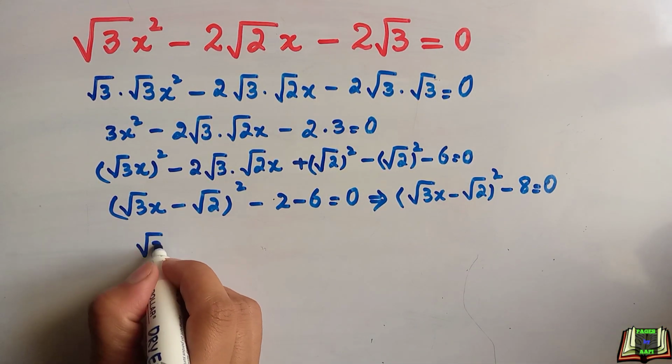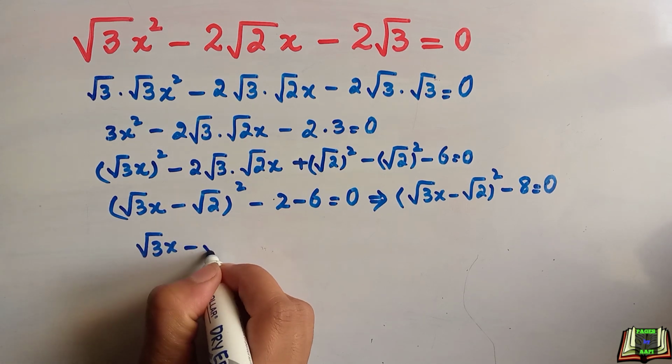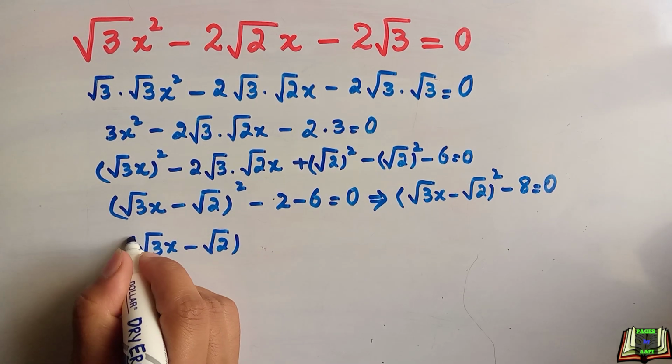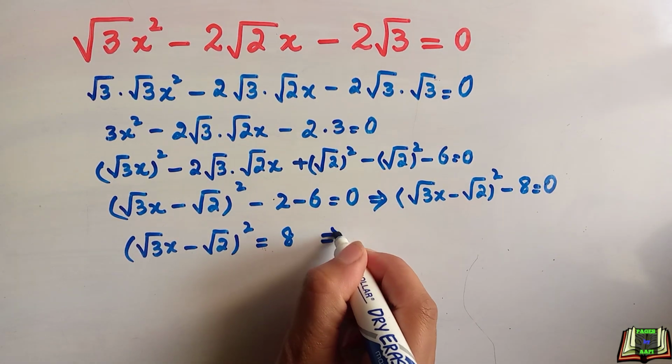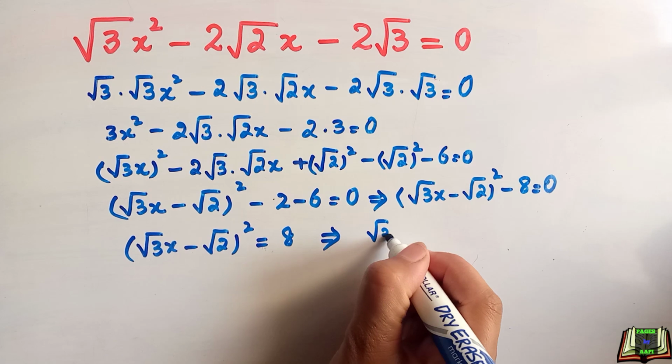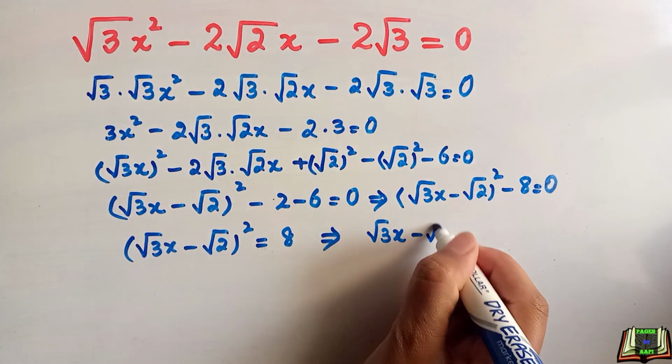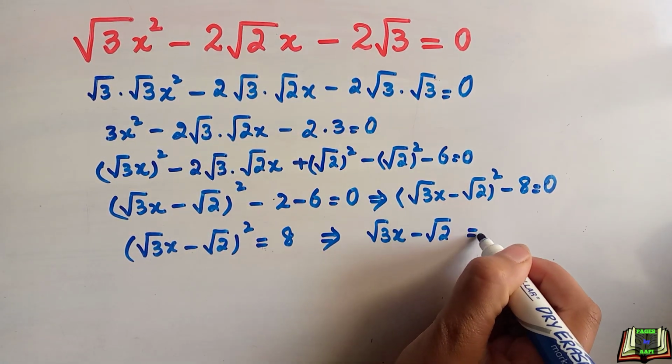Now root 3x minus root 2 whole square is equal to 8. By moving 8 to the right hand side, it will become positive. This gives root 3x minus root 2 is equal to plus or minus root 8.